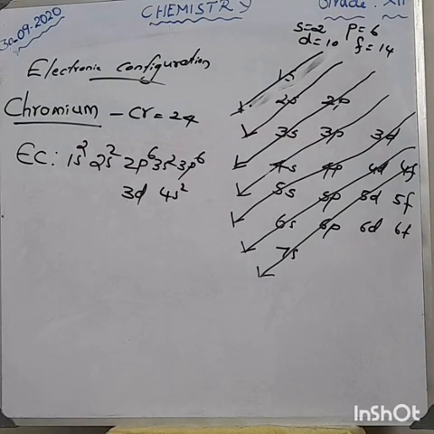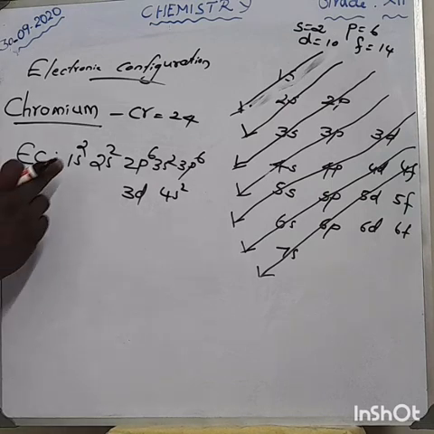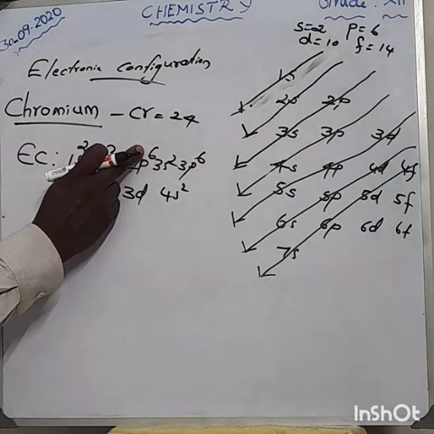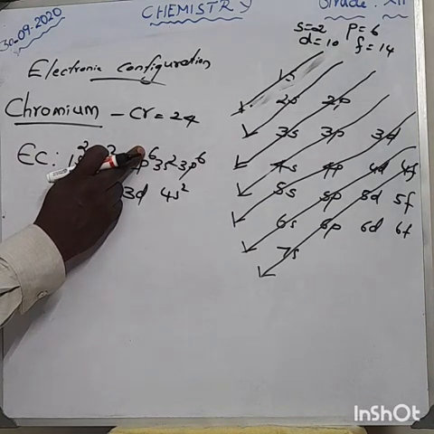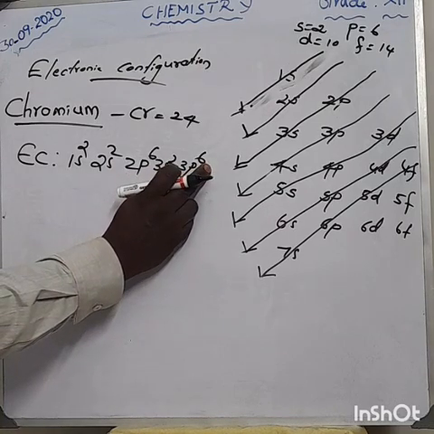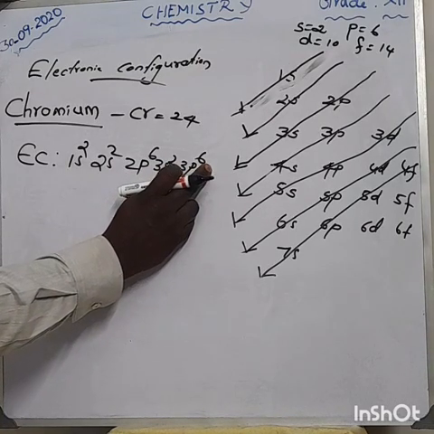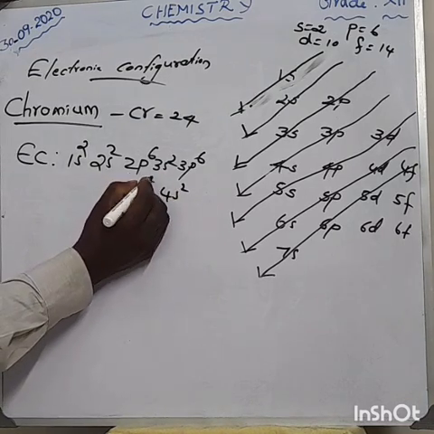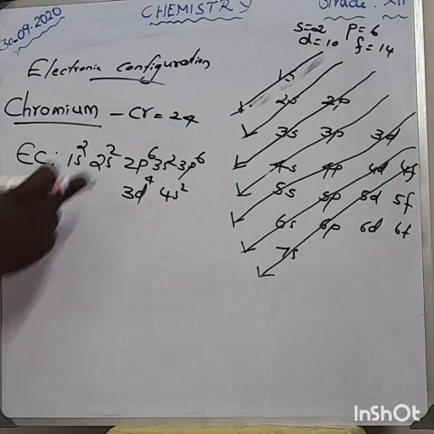Can you write? Now count the atomic number. 2 plus 2, 4, 4 plus 6, 10, 10 plus 2, 12, 12 plus 6, 18, 18 plus 2, 20. Don't write 4 here; if you write 4, it means 24, it is okay.